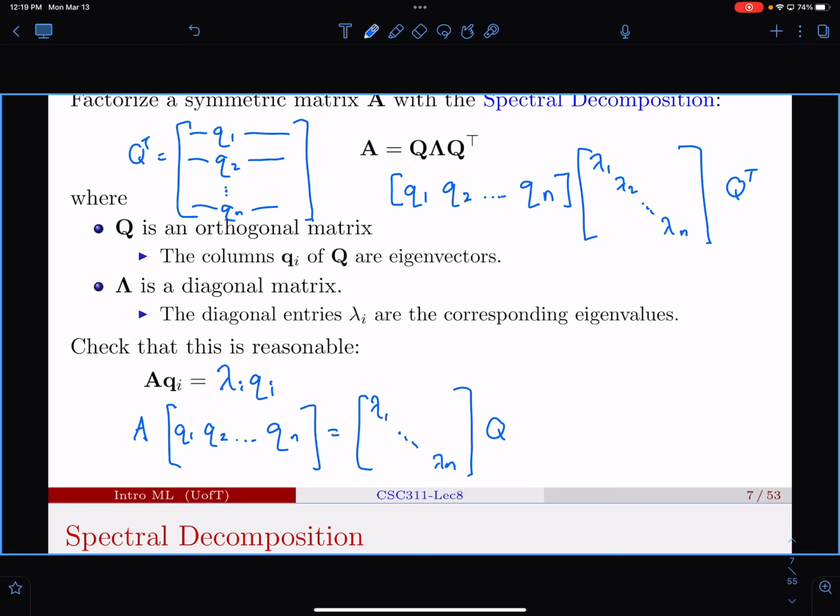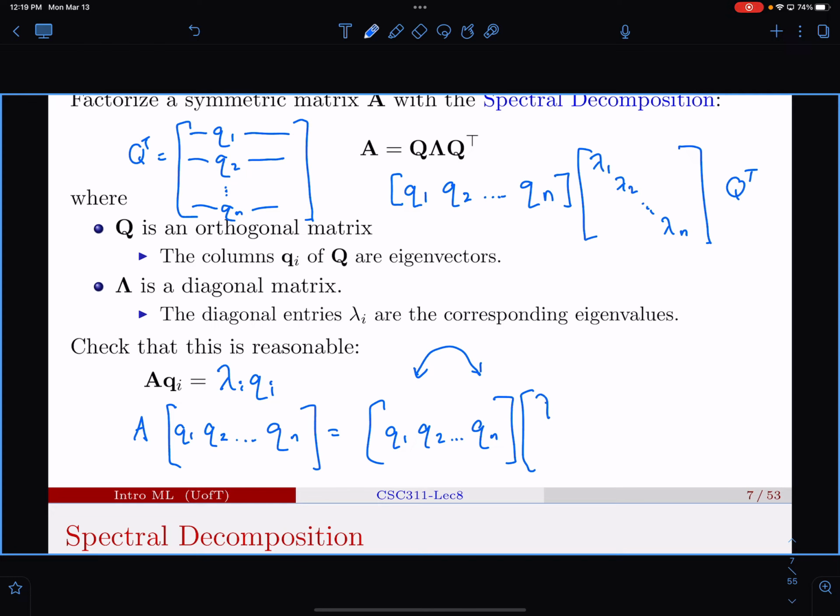Okay, I realized I made a mistake on the previous slide, so these two have to be rearranged actually. So if we write it out again, it's going to be Q1... Matrix multiplication is a little bit tricky to try to picture how the vectors and matrices hit each other.